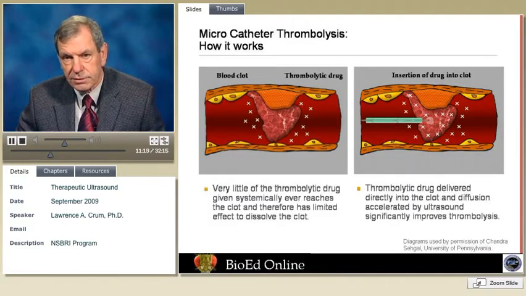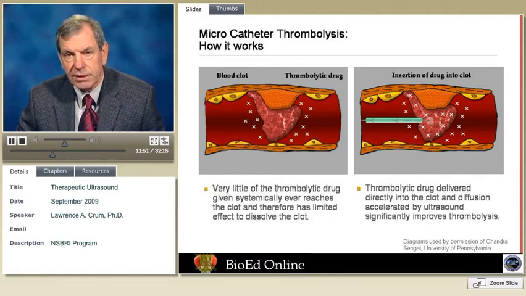So, in a sense, to review then, a typical clot in an artery is shown in this figure, and if one injects this thrombolytic drug systemically, let's say into a vein, it will slowly diffuse to the clot. And of course, if you have a stroke and you can talk, the best thing you can do is to say to the physician, give me TPA as quickly as possible, because that's a thrombolytic drug.